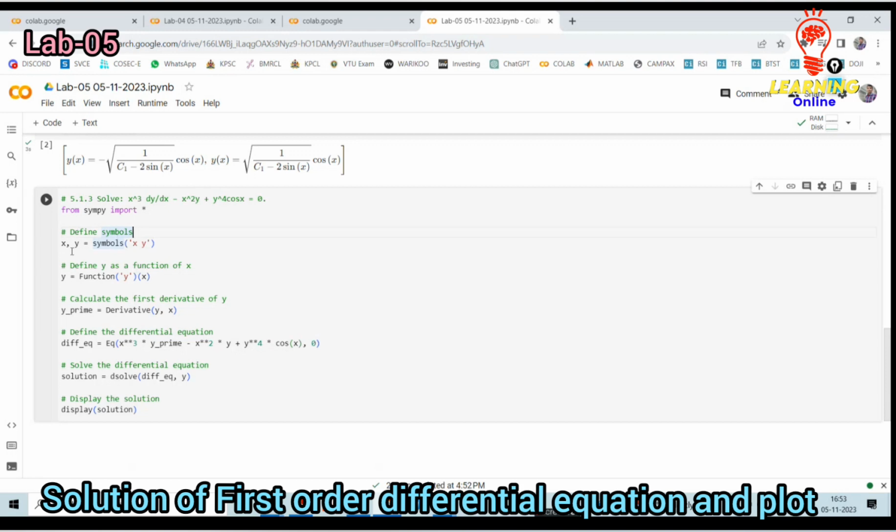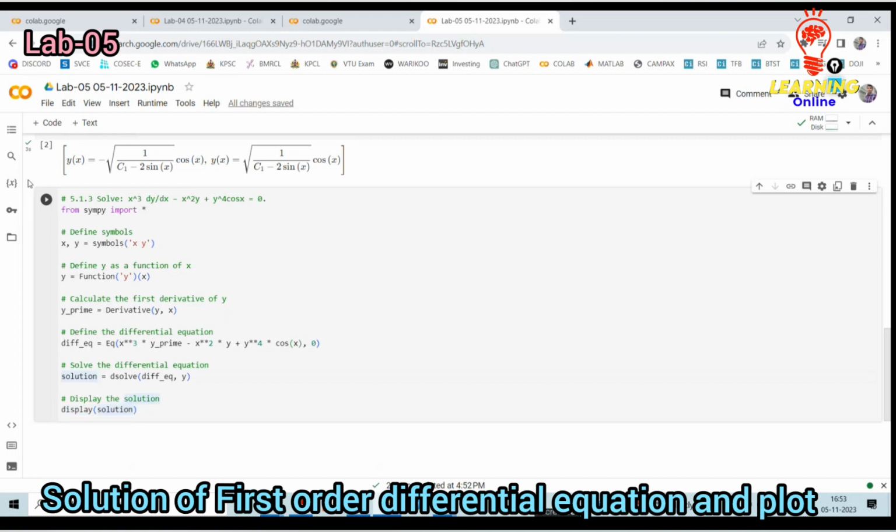For this expression, we have defined symbols, we defined the function, then we defined y prime as a derivative functionality. Later we get that differential expression. We need to solve it, so we have to use dsolve, the differential solution. Then we have to display that solution itself.